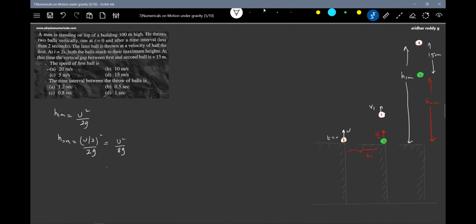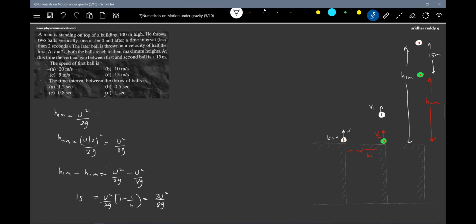The difference of that we know, H1M minus H2M, U square by 2G minus U square by 8G. So this is equal to how much? 15. So 3U square by 8G.